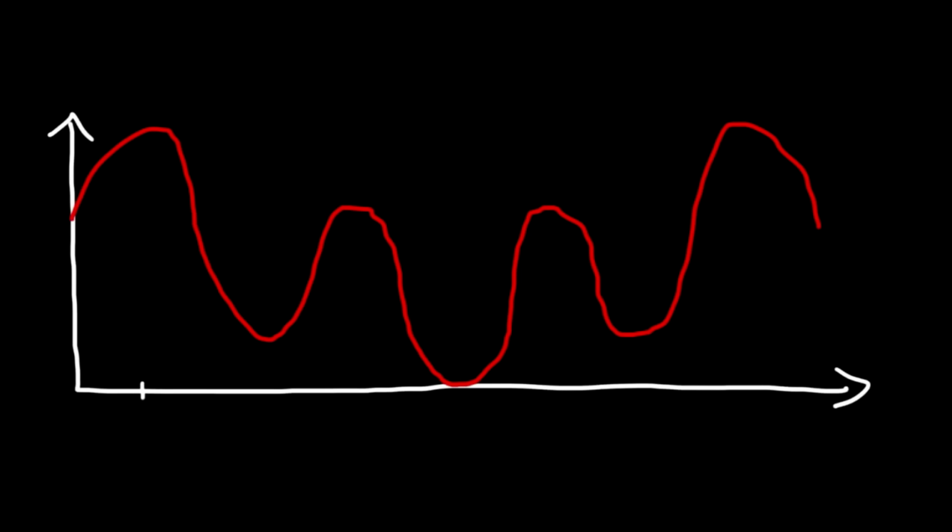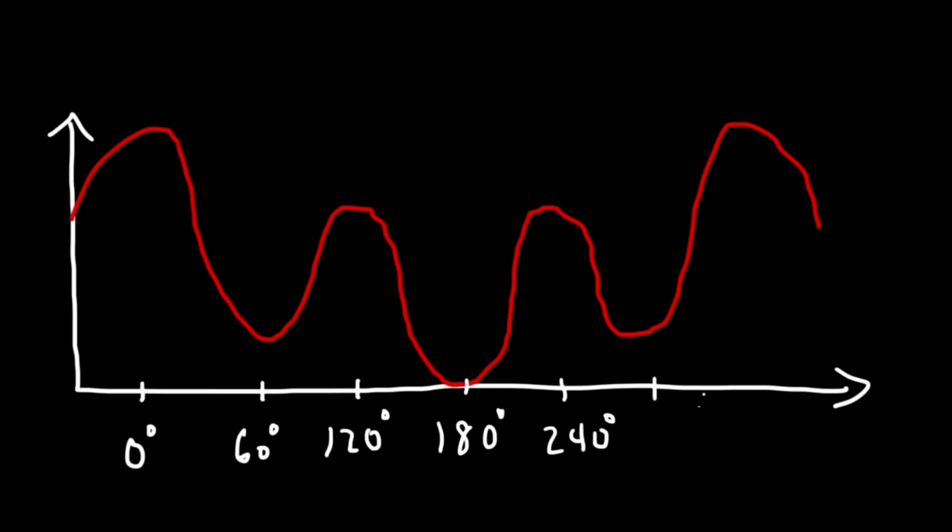So this angle is the 0 degree angle. Here this is going to be 60, and then 120, and then this is 180, 240, and then 300, and then back to 360.